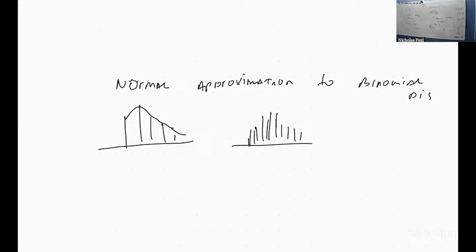So as n increases, your binomial distribution approximates the normal distribution. The more values you get, the more it approximates to that.